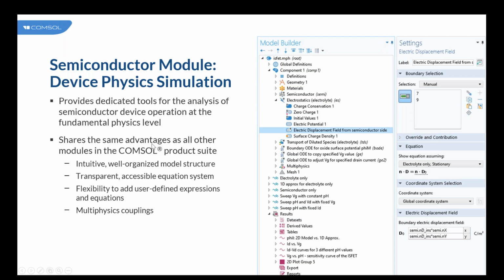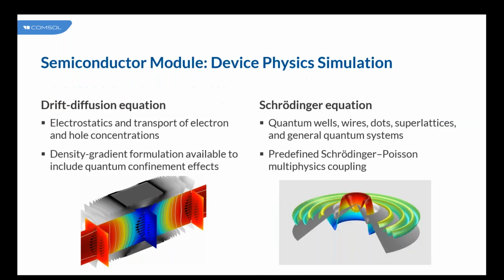And also, if we don't have the theory or conditions available, you can add your user-defined expressions or equations. And multiphysics coupling is what COMSOL is really good at. So as a semiconductor module user, you can couple it with other modules such as the AC/DC Module, Heat Transfer Module, Structural Mechanics Module, and so on.